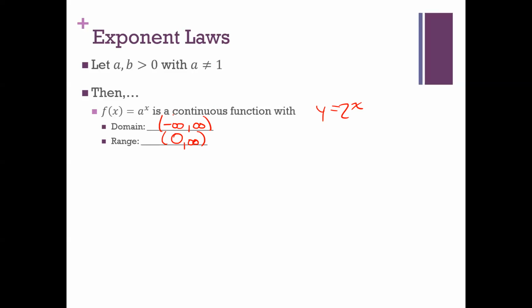I think we're assuming that x had to be positive, or at least non-negative, but if it's negative, then this becomes like 1 over 2 to the power of something, right? Which is always going to be definable, but it's always going to be positive. I can make it as small as I want to. I can't ever make it 0 though. Does that make sense?